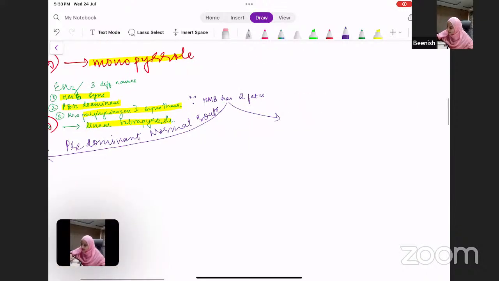Next, what if this enzyme is absent? The other route is that the next enzyme, uroporphyrinogen 3 synthase, is absent.